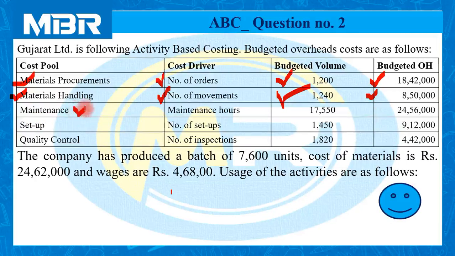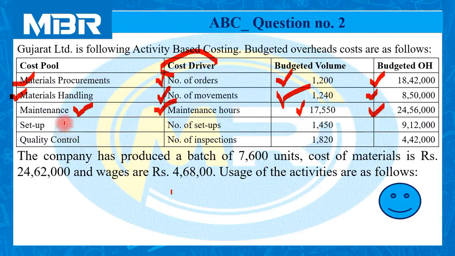The third activity is maintenance. For the allocation of the expenses on maintenance, we have to consider maintenance hours as the cost driver. Approximately 17,550 maintenance hours are expected by the company and the expenditure is expected to be 24,56,000.